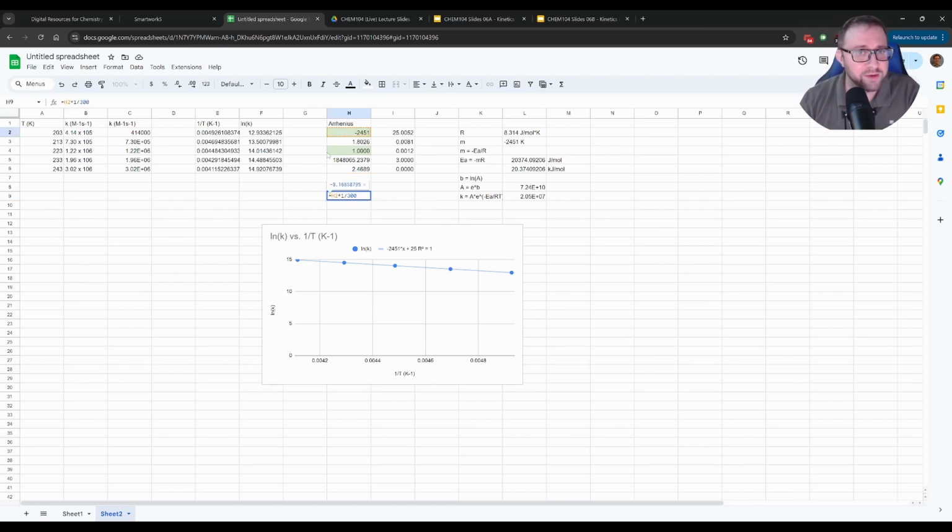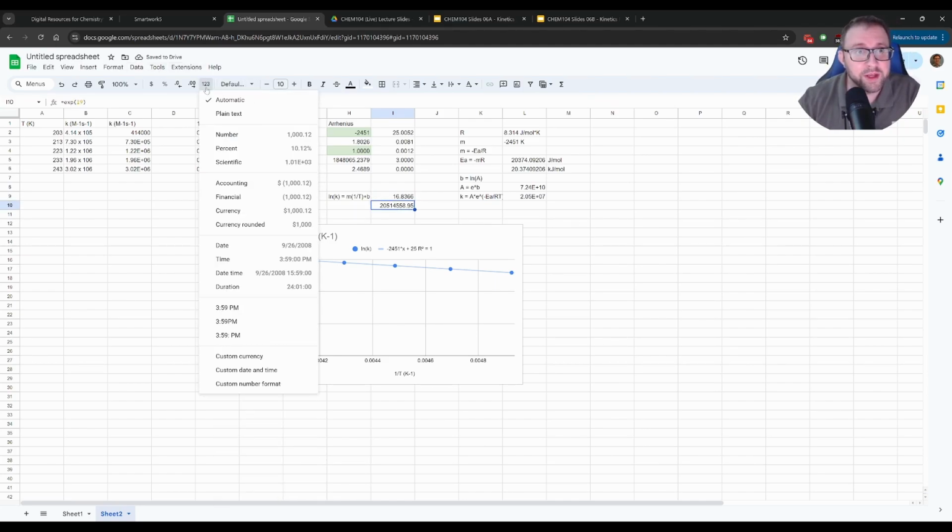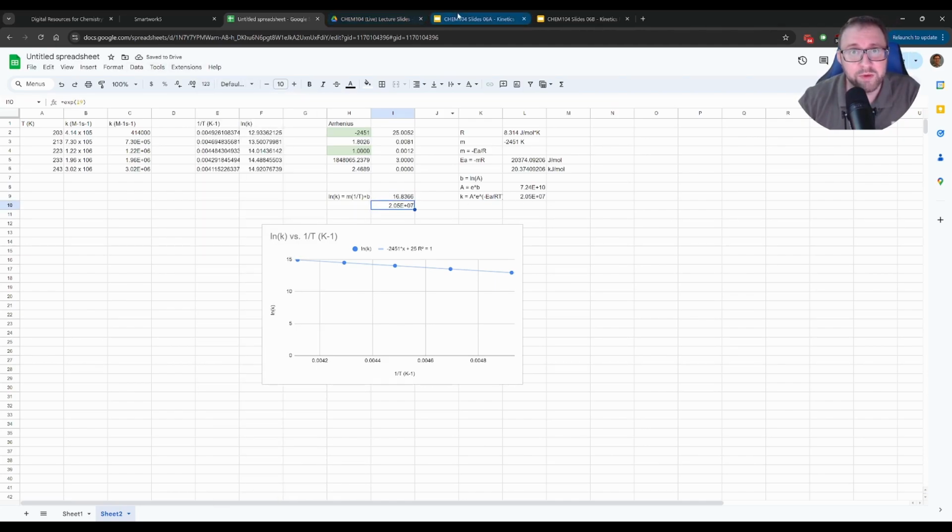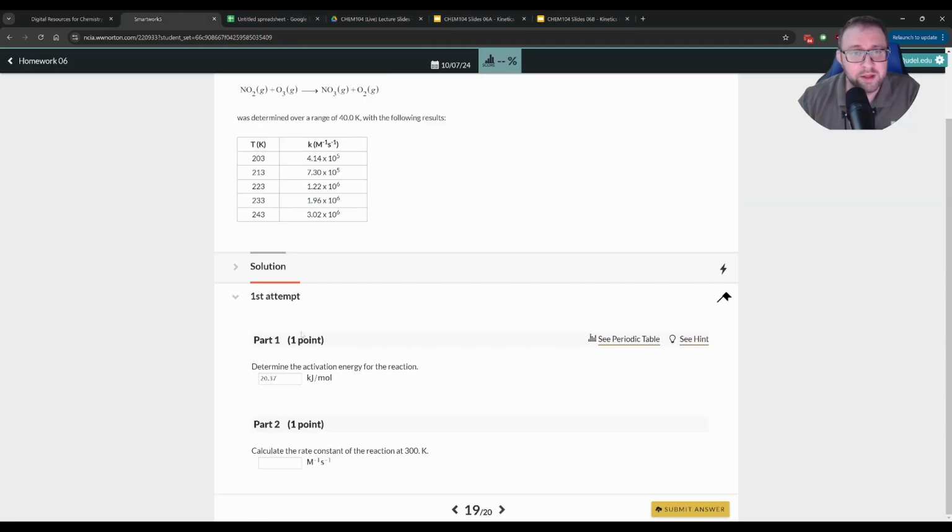Because that's our X value, plus this. And that is equal to the natural log of K, right? Mx plus b, where X is 1 over T. If we wanted to find out what K is, we would just raise e to that power, right? And that's going to give us the same number as what we saw over there in theory, right? So both of these are 2.05 e to the 7.